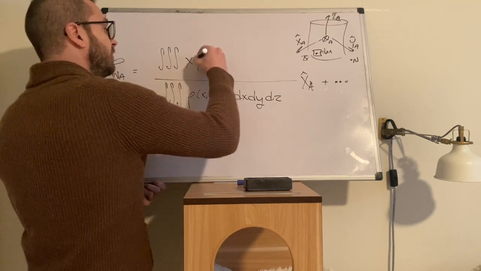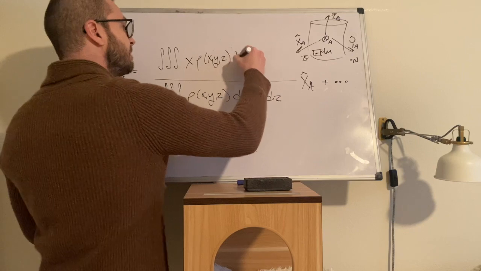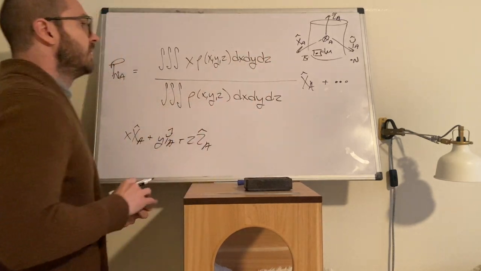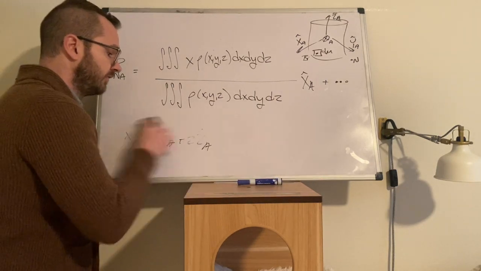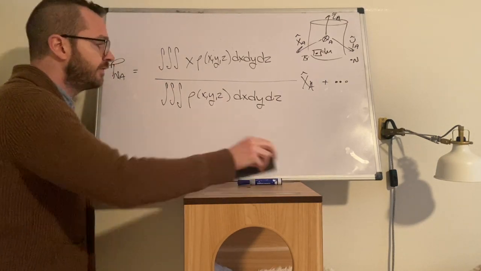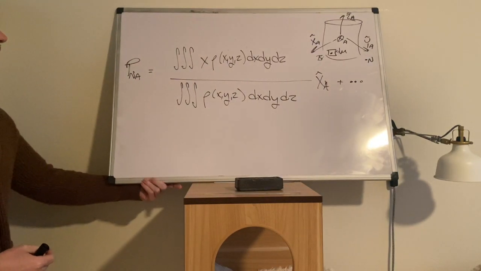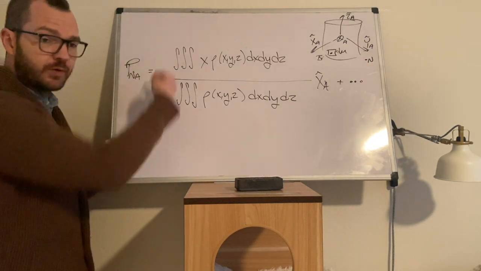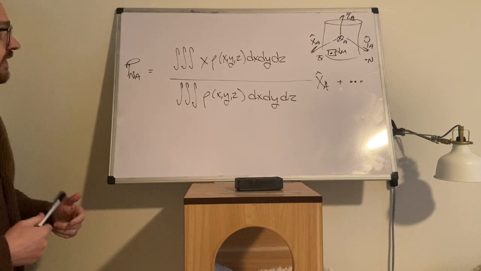So it's x multiplied by, here is our density, multiplied by all of those. So this then is how you find the location of the center of mass using calculus. Triple integral, sort out these details, and then that's it.